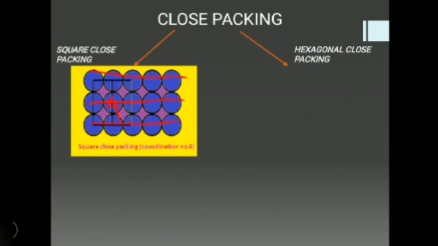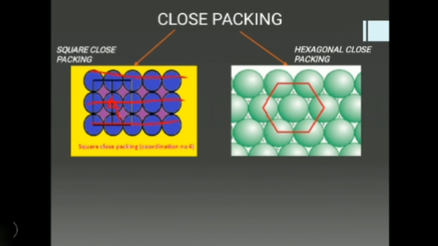The next will be hexagonal close packing. After placing the first row, the second row will be placed in between the voids. You can see here, they are placed in between the voids. Hence, they are called hexagonal close packing.